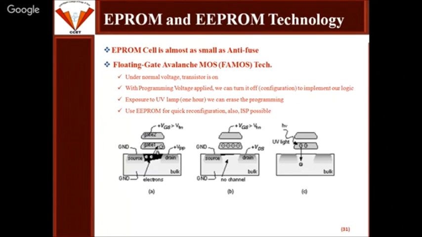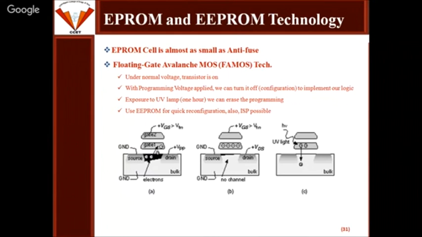The basic thing is that the refractive index of the material has to change when the light is falling, and accordingly the operation has to be done. So the configuration of those two types of devices will be widely different.